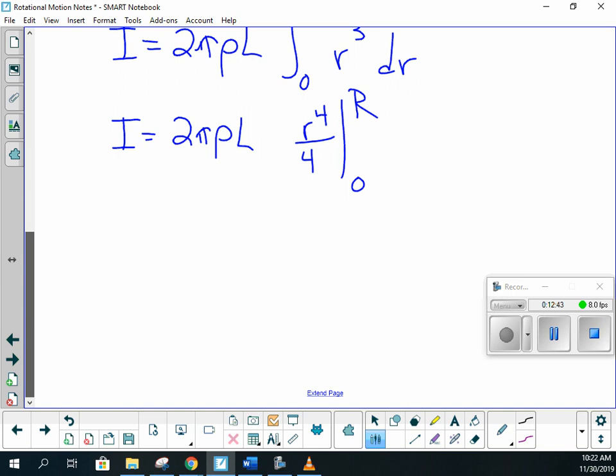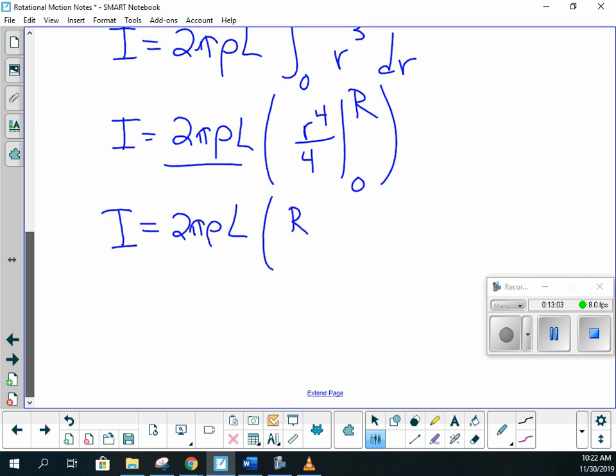And so when we do that, we will end up with our moment of inertia is 2 pi rho L, and then, put this in parentheses, those are just our constants out front, and then this will be capital R now.